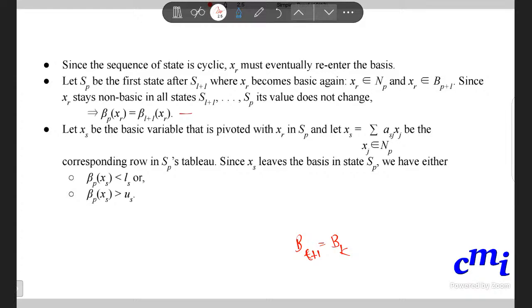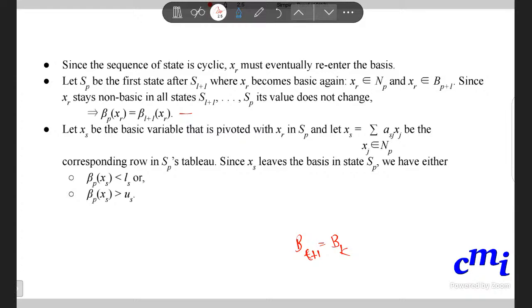Now in state SP, let XS be the basic variable that is pivoted with XR. Harsh, do you understand why beta P of XR is equal to beta L plus 1 of XR? I got the idea that if something is non-basic, its value won't change.